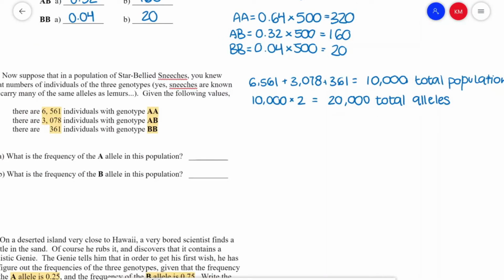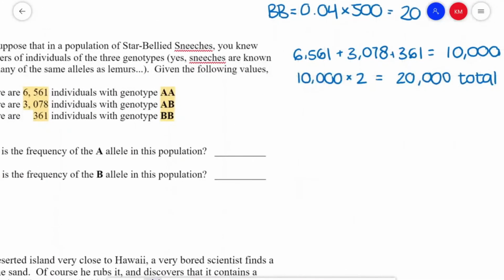The next thing we want to do is figure out how many A's of those 20,000, how many of them are A's, and of those 20,000, how many of them are B's. Okay? So let's just start with the number of AA individuals.